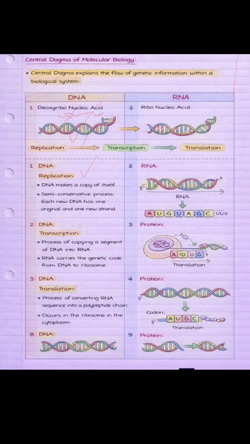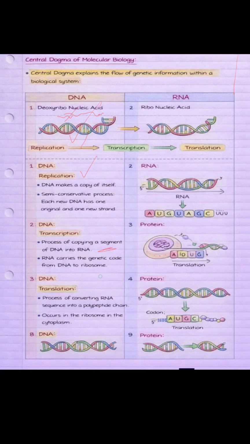Coming to the third step, that is the transcription process. In transcription, a specific segment of DNA is copied into RNA, especially messenger RNA, or we can call it mRNA.